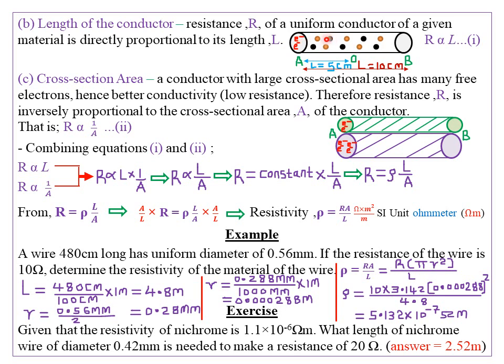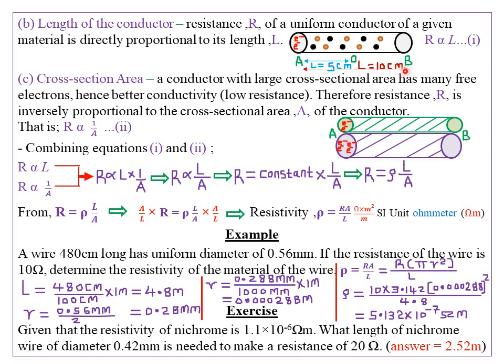Therefore, if the length is short, that short length has very few impurities and very few atoms, so the opposition to the flow of electrons will be very low. Therefore, the shorter the length, the lower the rate of resistance.